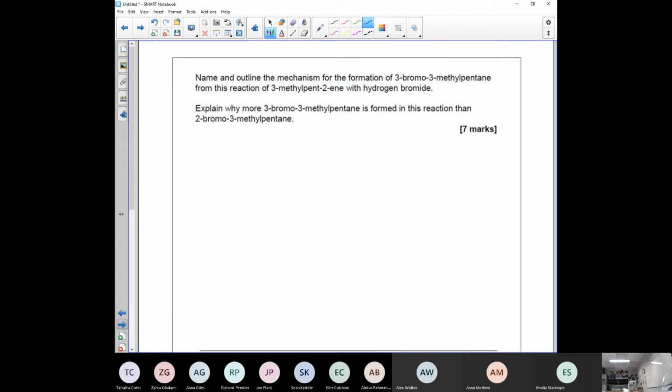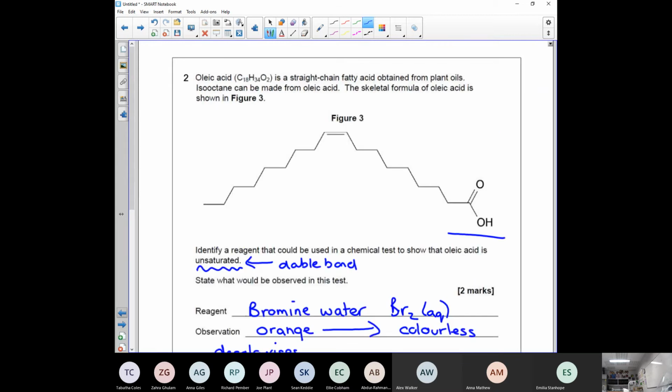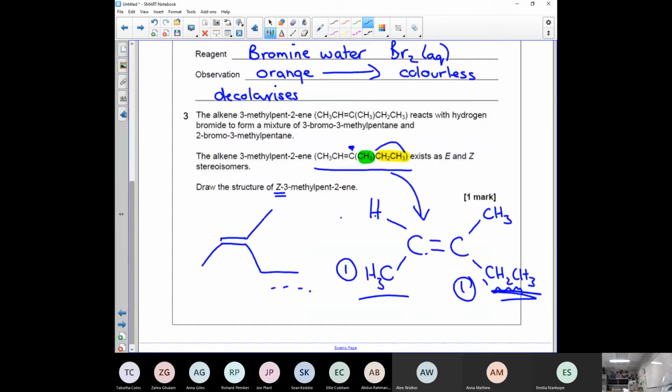Right, so it did mention something in the question. It says there's a bromo in the thing that it makes. So going back to the start of the question, the alkene reacts with hydrogen bromide to form a mixture of 3-bromo-3-methylpentane and 2-bromo-3-methylpentane.